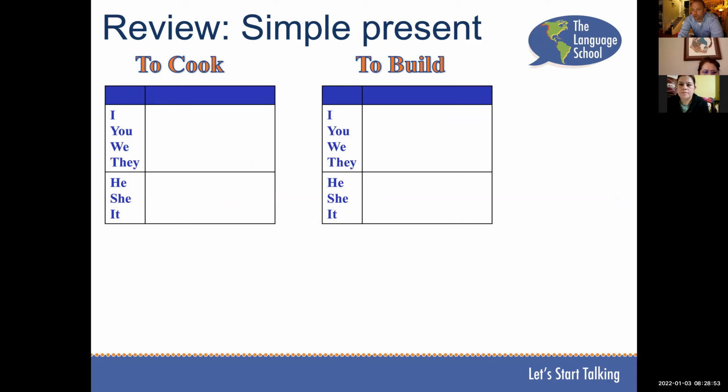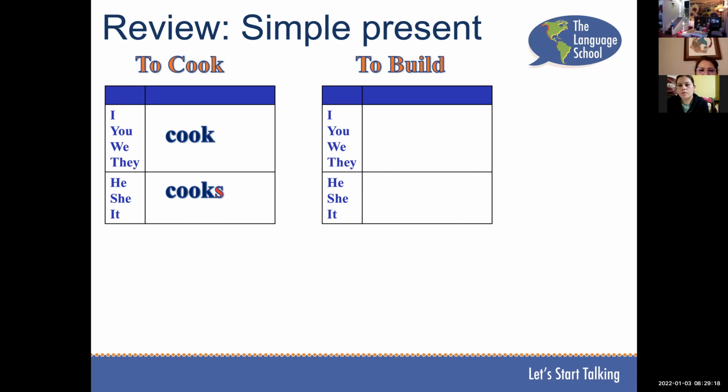Okay. So let's review our regular verbs. Claudia, to cook. To cook, I cook, you cook, we cook, they cook. He cooks, she cooks, it cooks. Okay. Next, Caro. I build, you build, we build, they build.